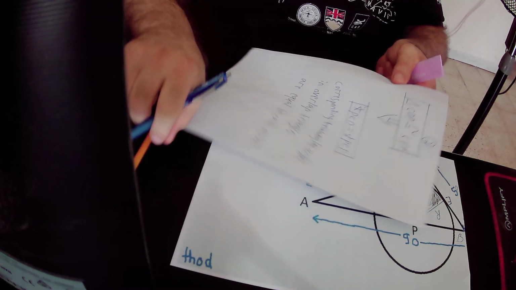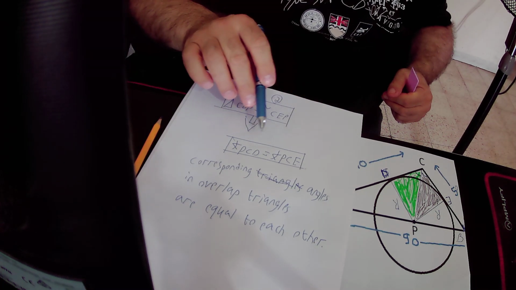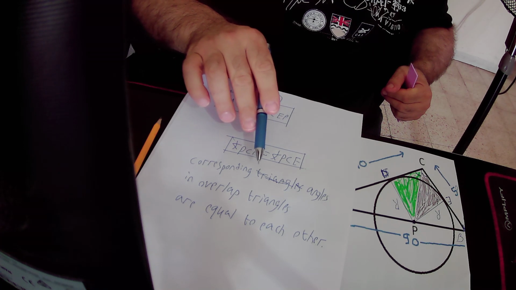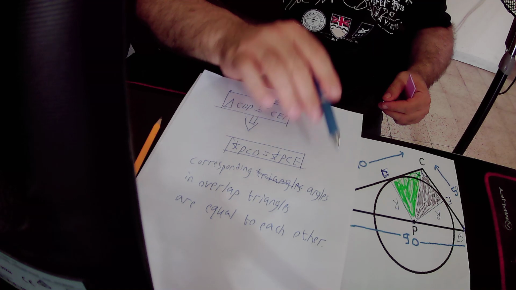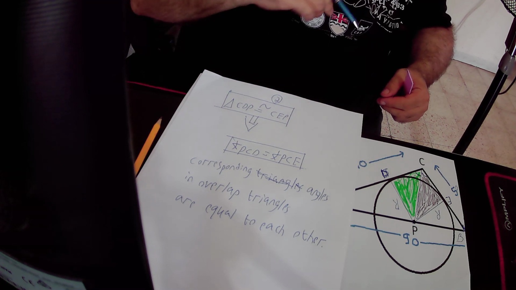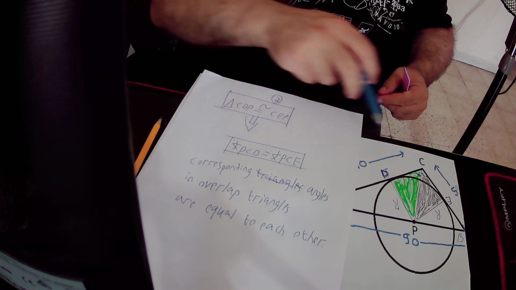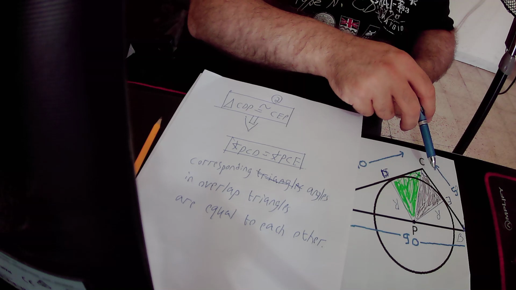Okay, according to the rule that corresponding angles in overlapping triangles are equal to each other, we can say that angle PCD equals angle PCE.